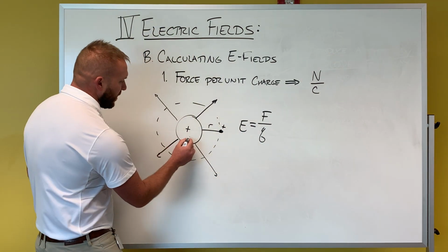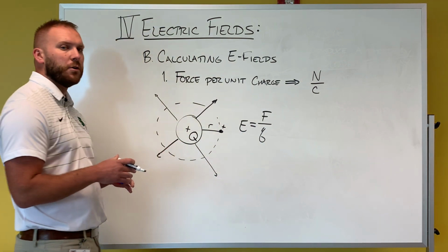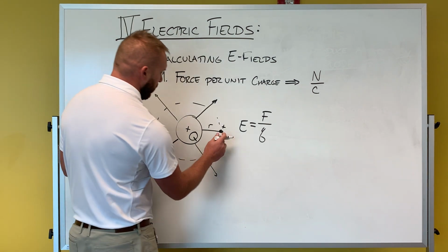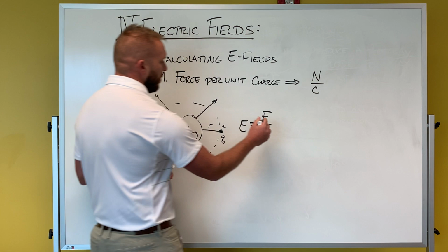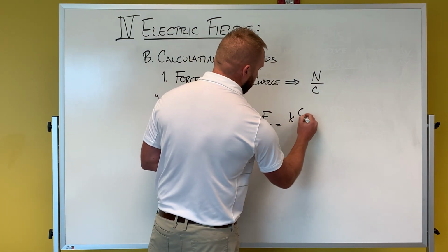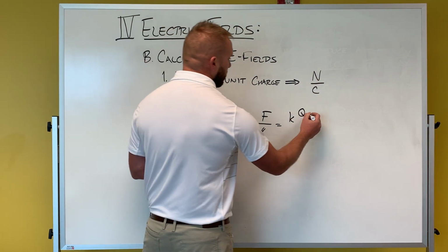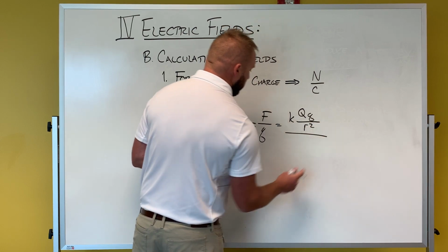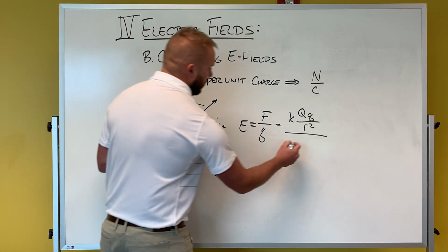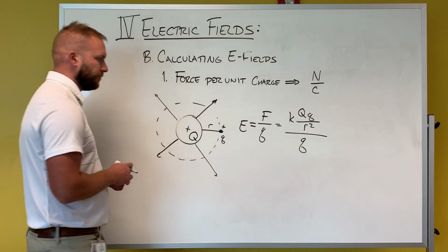And here's what I'm going to do. I'm going to indicate the charge creating the field with a capital Q, and the charge in the field with a lowercase q. So my force would be Coulomb's constant, the charge creating the field, times the charge in the field, over r squared, divided by the charge that's in the field.